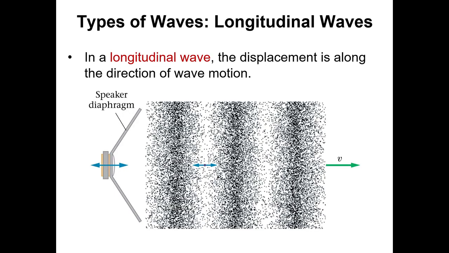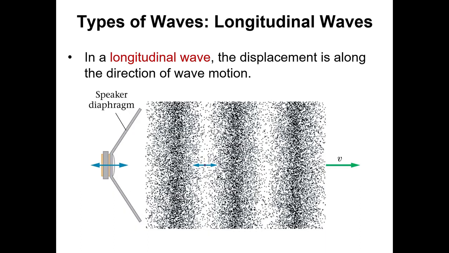Sound waves are actually not transverse, they are longitudinal. So as I speak, I cause air compressions. I cause the air to compress or depress in certain areas and cause propagation of the wave. So you have a loudspeaker that has a little diaphragm or a drum that moves forward and backward and causes the air to also move forward and backward.